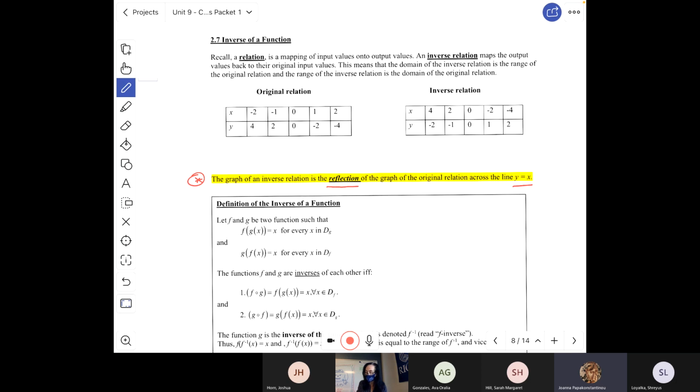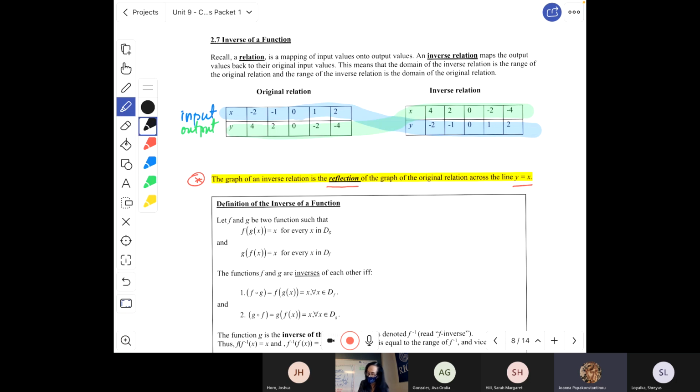Now, algebraically, what did we notice when we looked at tables of values? Well, if we had the input of the original relation, what happened to that input? That input became the output of its inverse. The output became the input of the inverse relation.